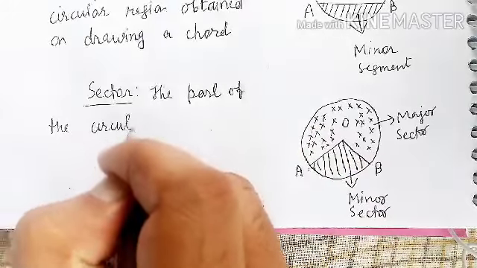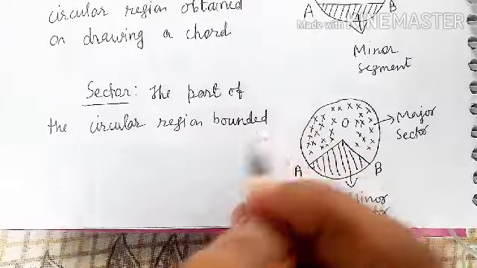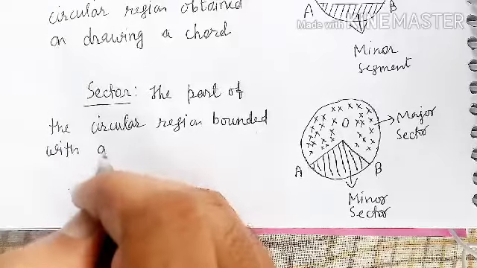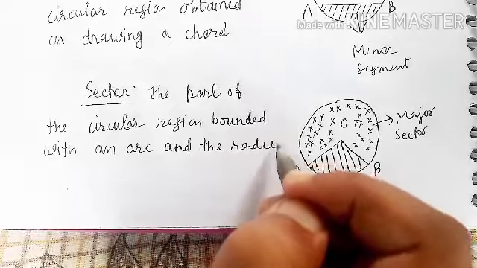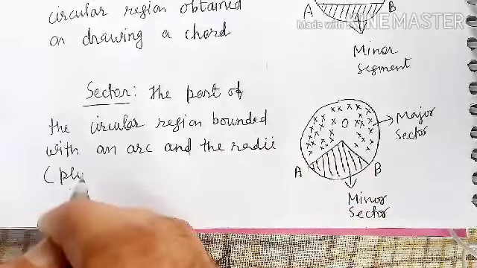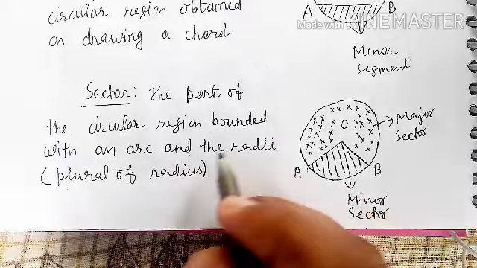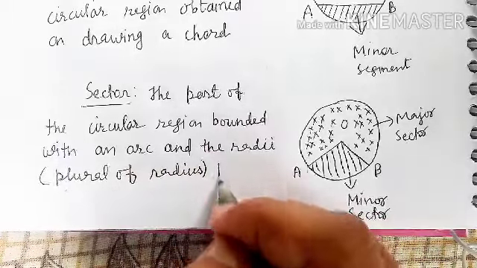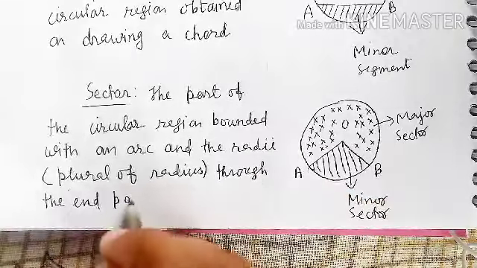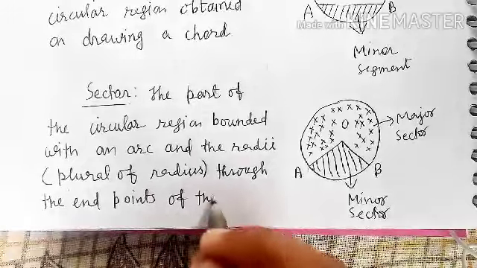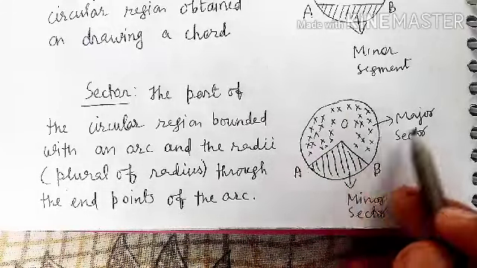Radii is the plural of radius. This sector is made up with major arc, so this is major sector.